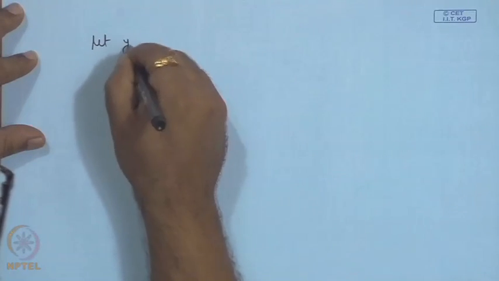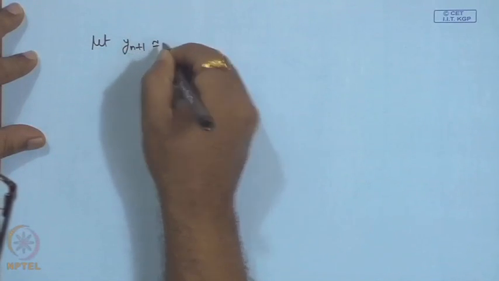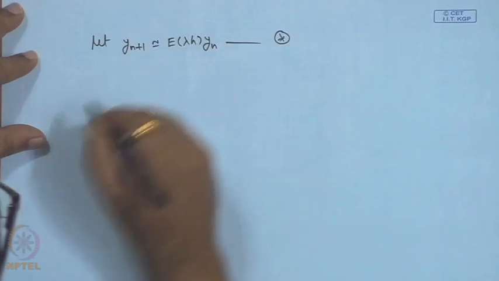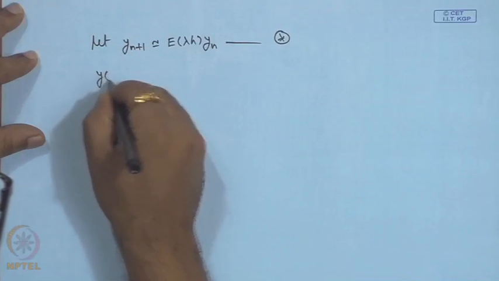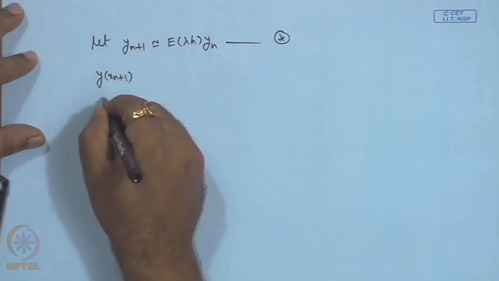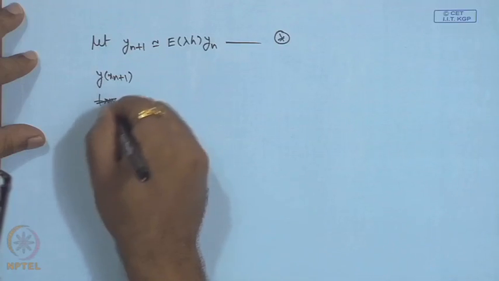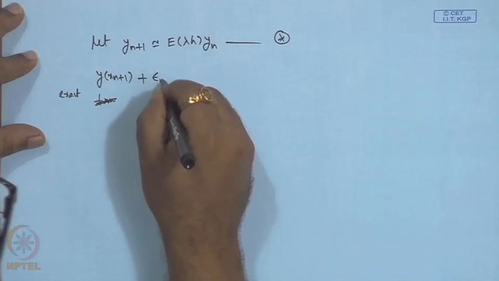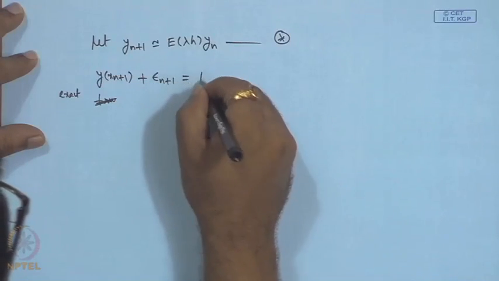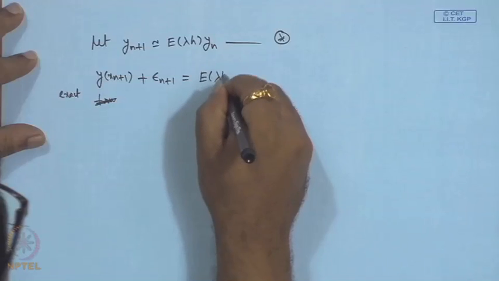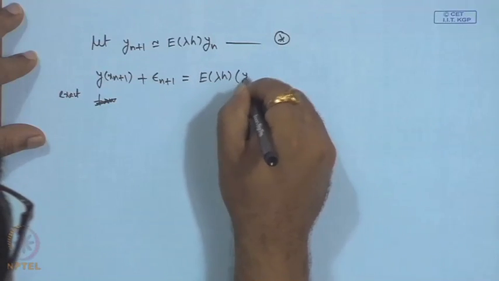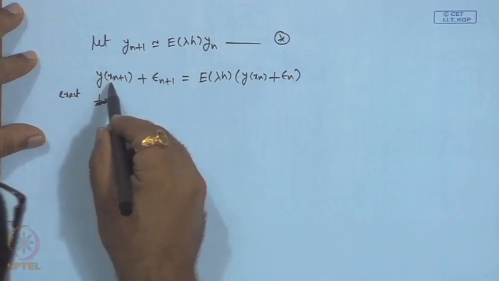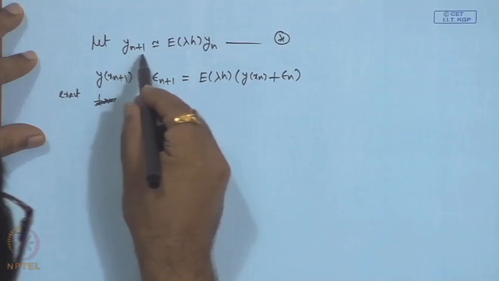So, let us call our approximation... okay. So, which means, so this is a true exact plus epsilon n plus 1 is e power lambda h y of x n plus... y n plus 1 is exact plus epsilon n plus 1 at n plus 1 stage.